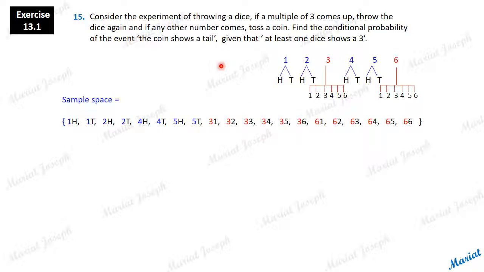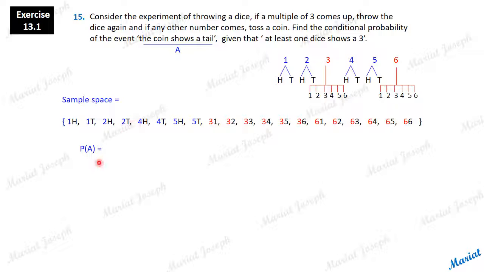Now, let's go by the conditions given to us. The coin shows a tail. The coin shows a tail in many of these 20 outcomes. Here it is 1T, then 2T, 4T, and 5T. These are the 4 outcomes which show a tail on the coin.